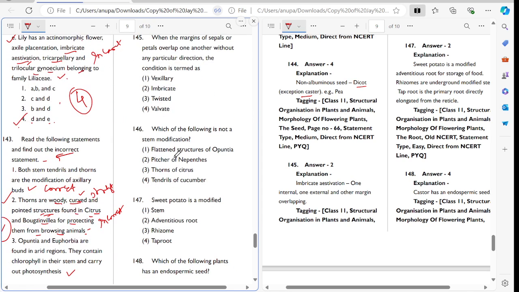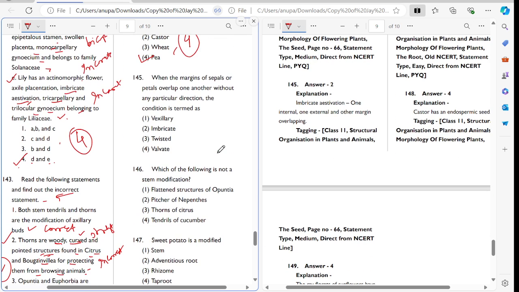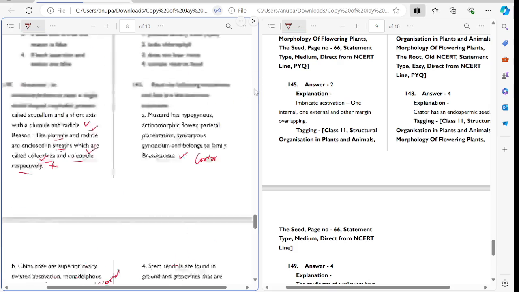Now let's move to question number 145. Question number 145 states that when the margins of sepals or petals overlap one another without any particular direction, the condition is termed as. So this is describing a type of aestivation.